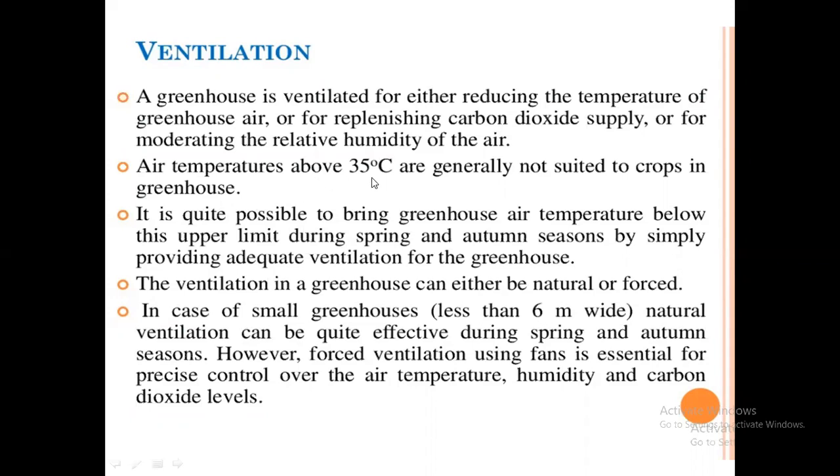Air temperature above 35 degrees Celsius is generally not suited for crops in a greenhouse. If the temperature tends to cross 35 degrees Celsius, there is a need for ventilation, and to maintain it, some blowers or exhaust fans are provided.